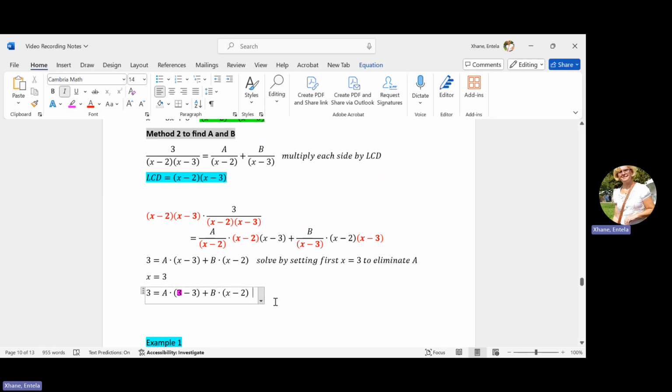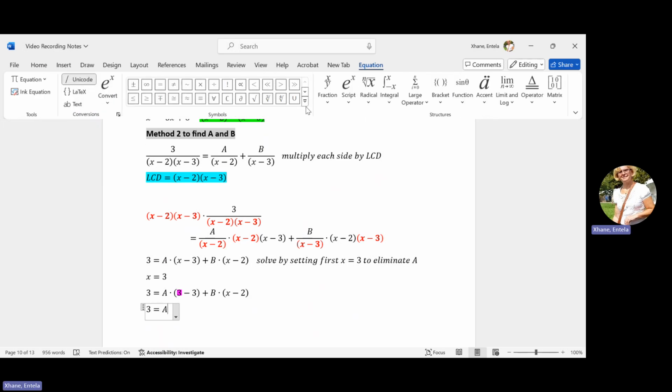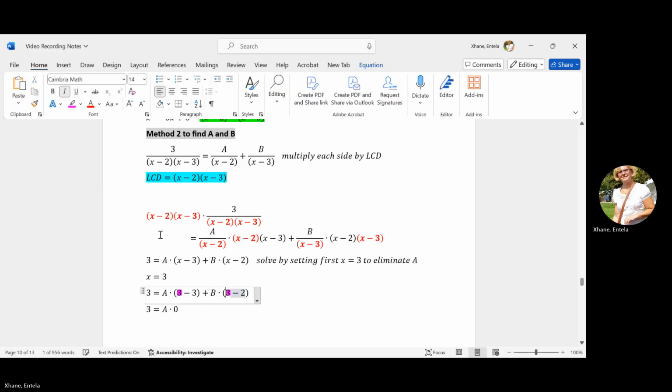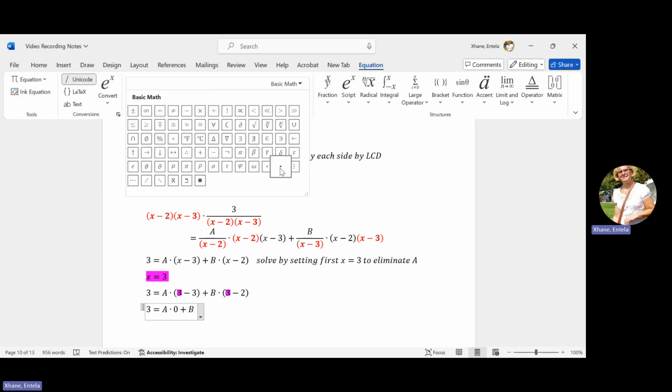That's in purple, right? Then you are going to see a now will be multiplied by 0, because 3 minus 3 is 0. Remember, x will be substituted by 3. So that's the substitution in purple. And then b will be multiplied by 3 minus 2, which is 1.